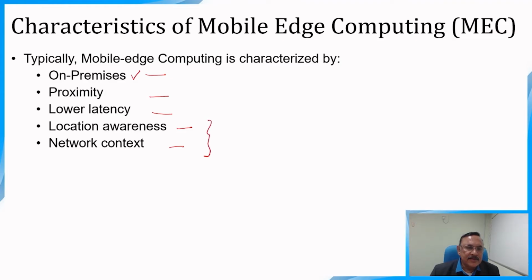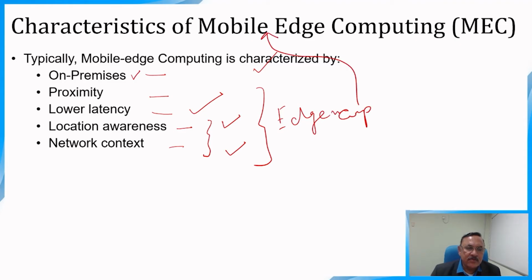You can see these are several advantages. So, applications requiring low latency, location awareness and network context have to depend upon edge computing, and when edge computing meets the mobile network, it becomes MEC.